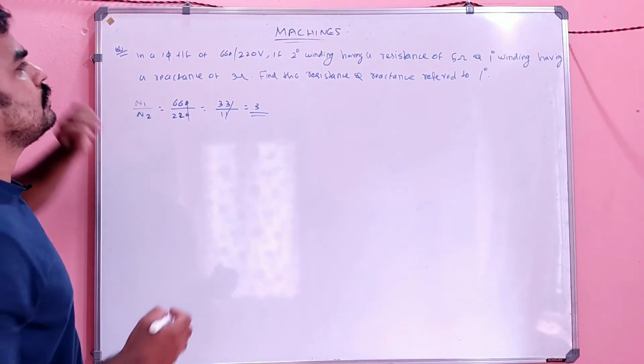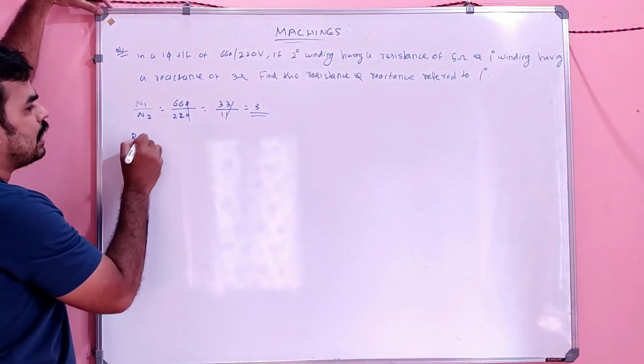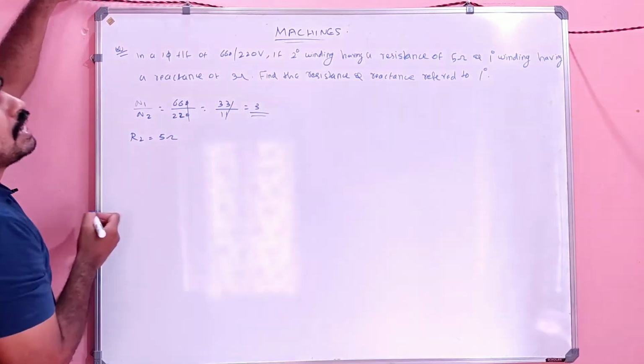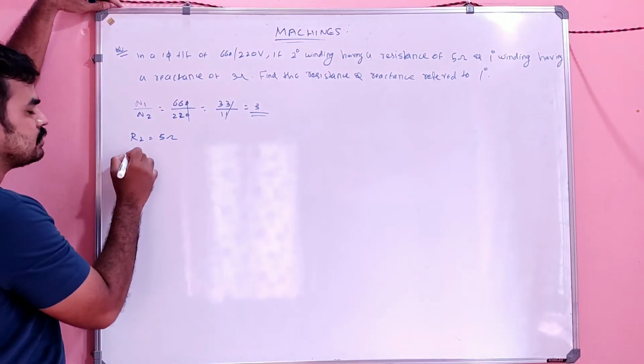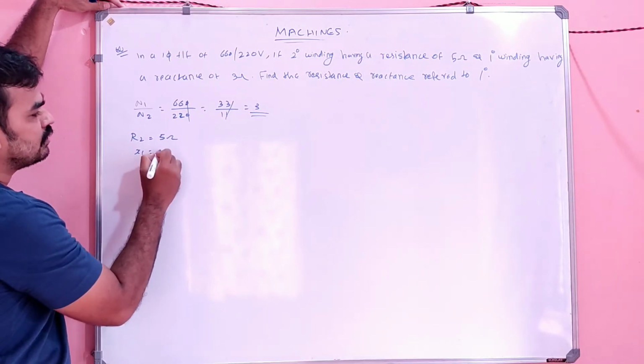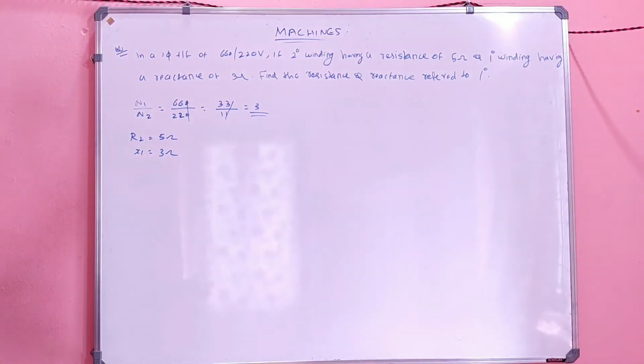So we have to find, see, if the secondary winding has a resistance of 5 ohm, that is simply R2 equal to 5 ohm, right? And primary winding has a reactance of 3 ohm, that means X1 is equal to 3 ohm. We have to find the resistance and the reactance referred to primary.